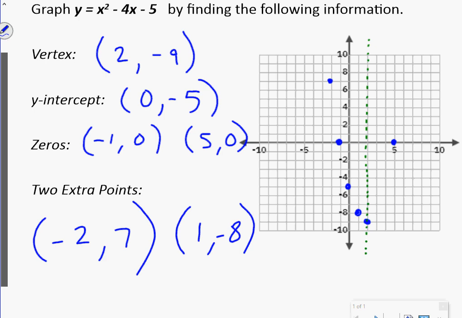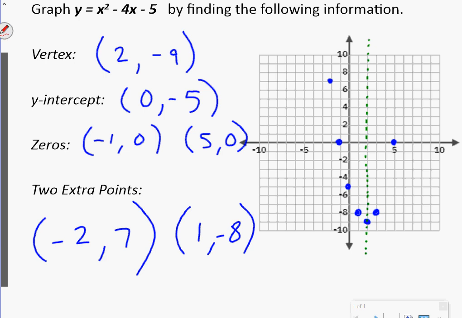Now, if you look here, it's kind of unbalanced. I have a lot of extra points on the left side. Because of that axis of symmetry, I can take each of these points on the left side of my graph and flip it over the AOS to get the point that's symmetrical to it. For example, I can put another point here at (3, -8), because if I take my point at (1, -8) and flip it over the axis, that's where it would land.